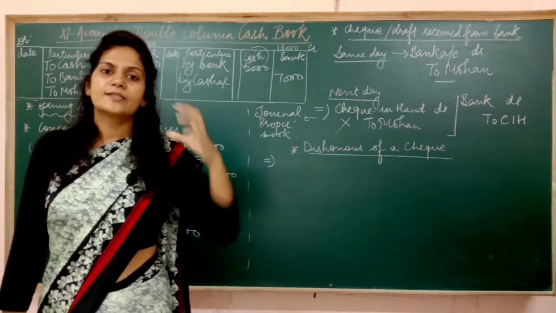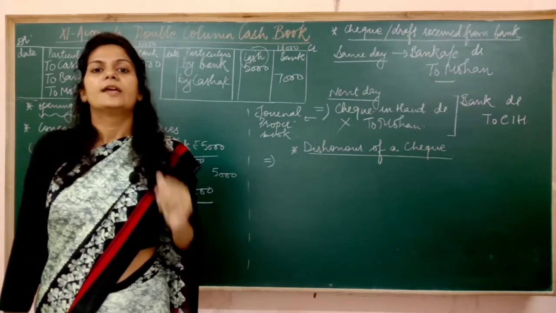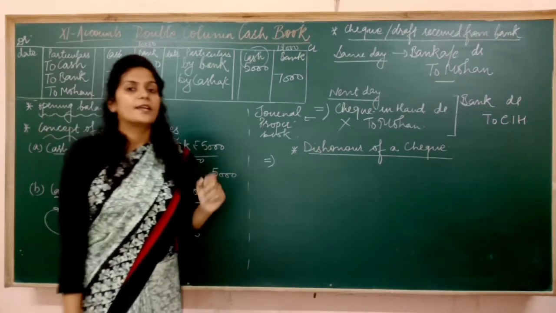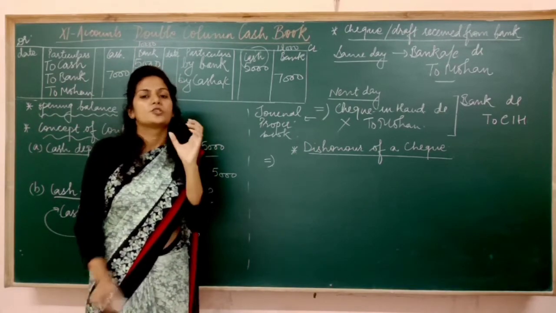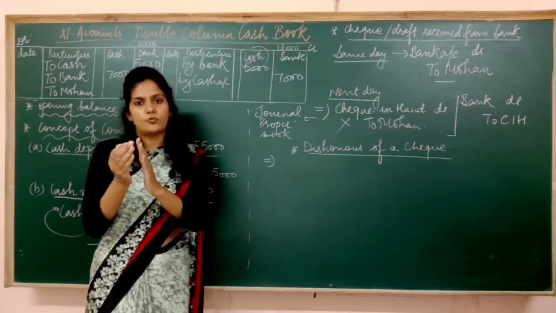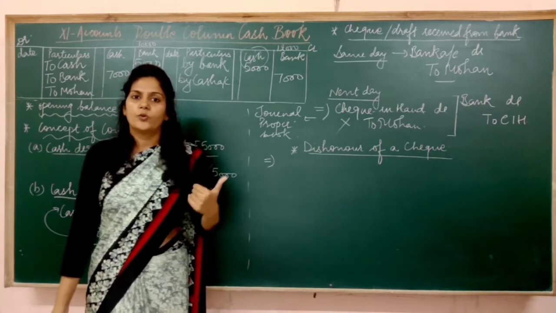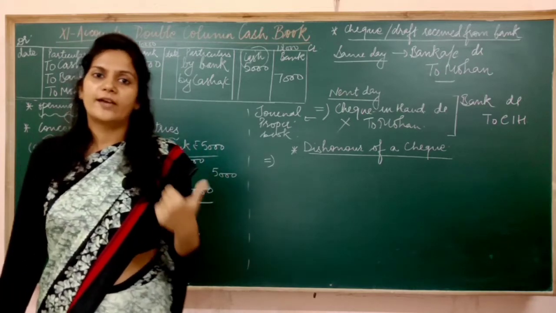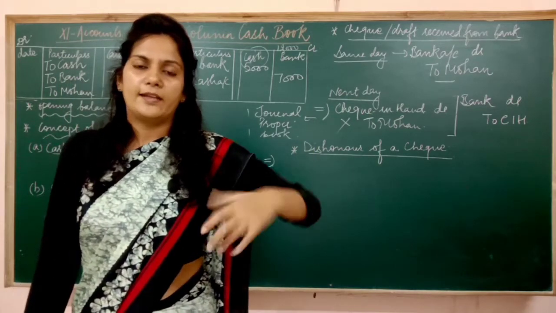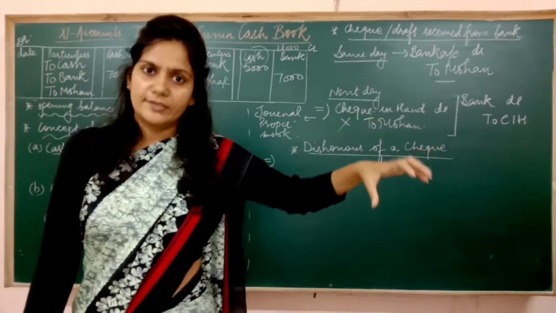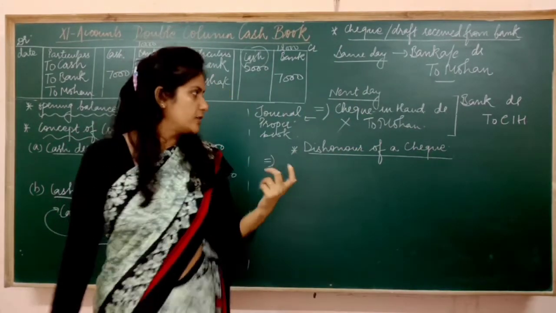Dishonor of the check means the bank has cancelled the check. Cancelling of the check means that the bank has refused to enter the amount which Mohan has given in your bank account. If Mohan has given you a check of rupees 5,000, and suppose the bank has dishonored this check, then what will happen?